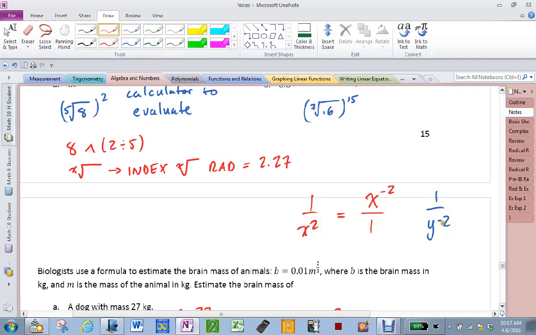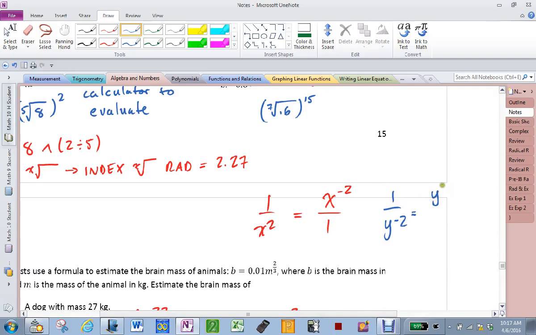Is that negative exponent allowed? No. So where does it have to go? To the top, and becomes positive. So now, where does the 2 go? To the x and to the y. You knew what to do with the x, you know what to do with the y, now just do it to both of them. Cool?